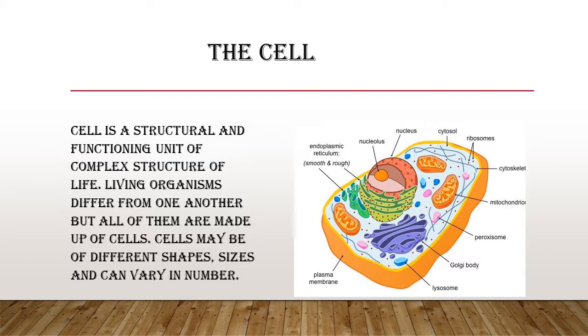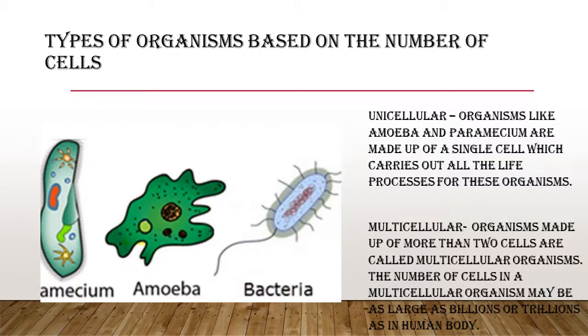Now we can have different types of organisms on the basis of the number of cells. As we have discussed just now, size may vary, number may vary, even shape may vary. Here we are talking about the number. A single cell can also perform all the life processes. A single cell itself can represent an organism, and these types of organisms are known as unicellular organisms.